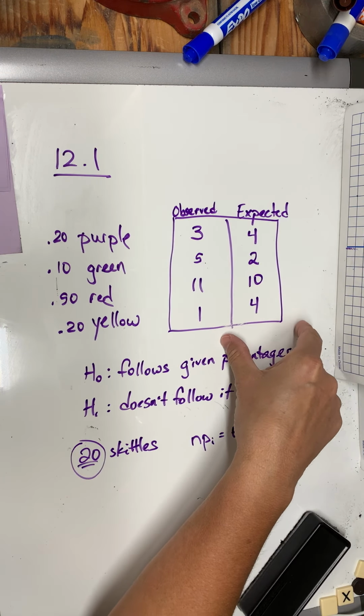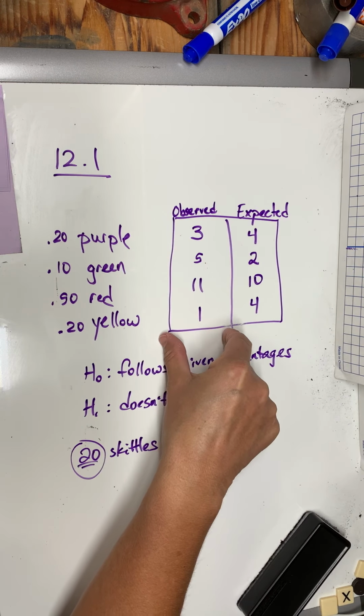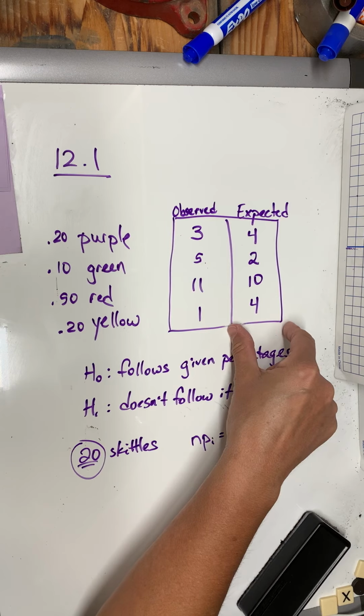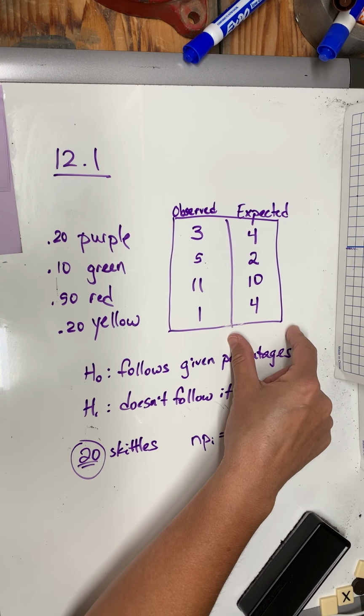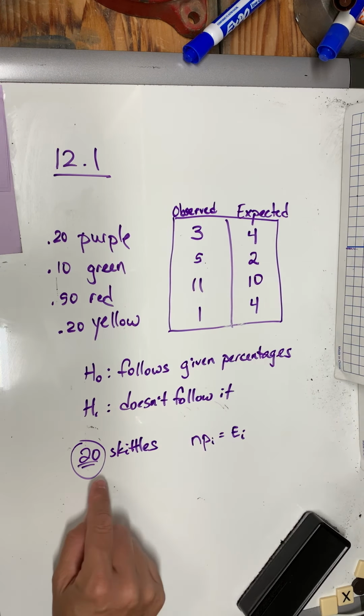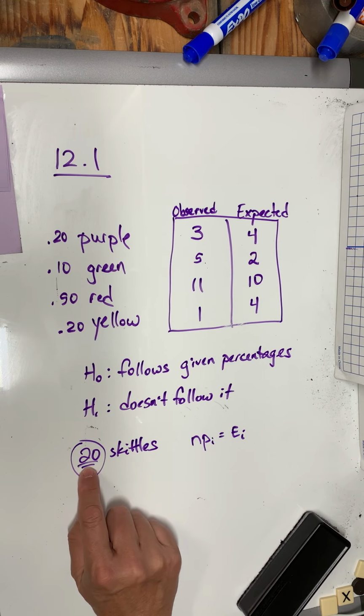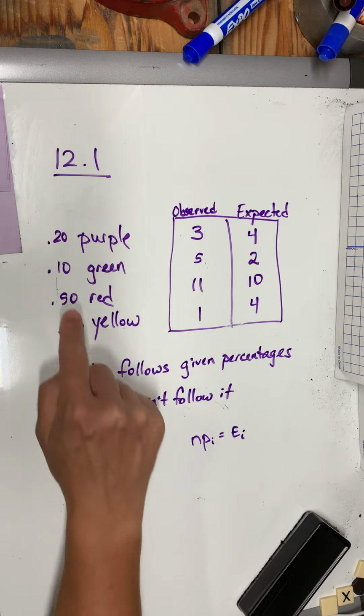When you're using StatCrunch, you have to say, this is what was observed, this is what actually happened, and this is what was expected. Sometimes they'll give you the expected amount, and sometimes you have to figure it out yourself by taking the total in the sample times each probability for that particular one in order to get the expected.